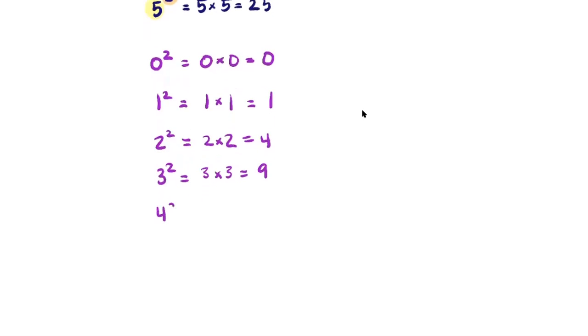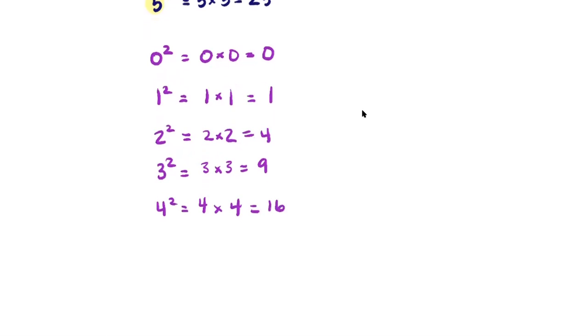Okay, 4 squared. What is that equal to? 4 times 4, which is equal to 16. So let's do 2 more, just so that we have a good foundation. 5 squared, what is that equal to? That's 5 times 5, which is equal to 25.